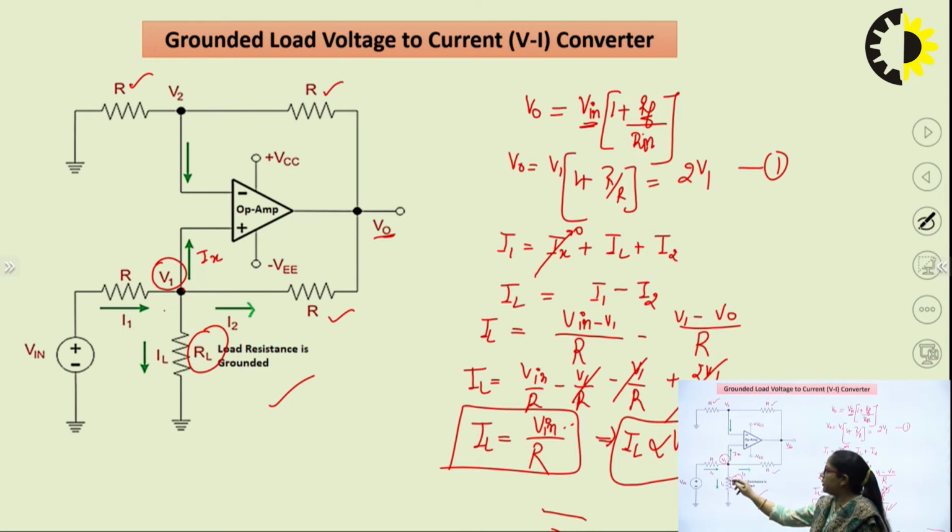We replace the load resistance with the diode or LED. If that diode or LED is working properly, the load current will change according to the input voltage and the LED will glow.